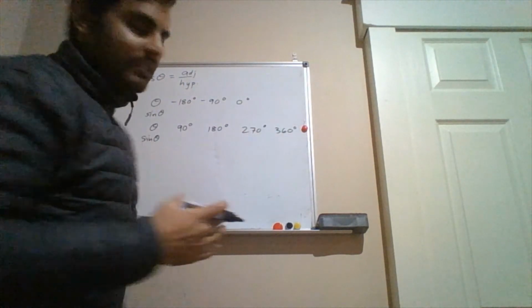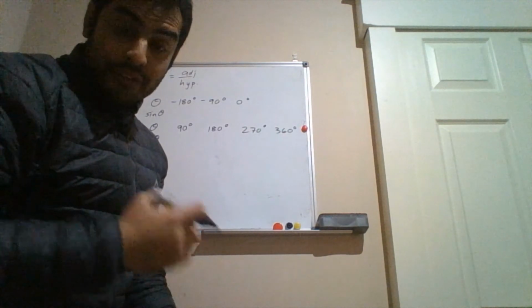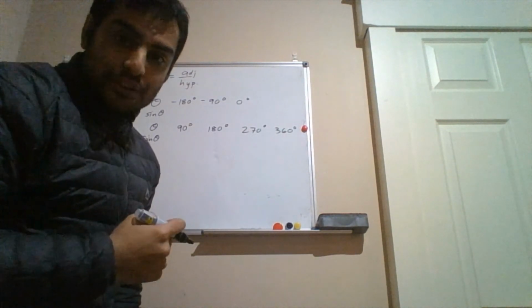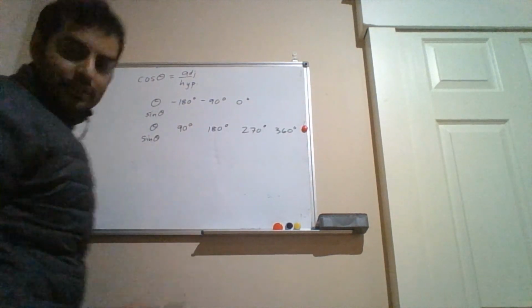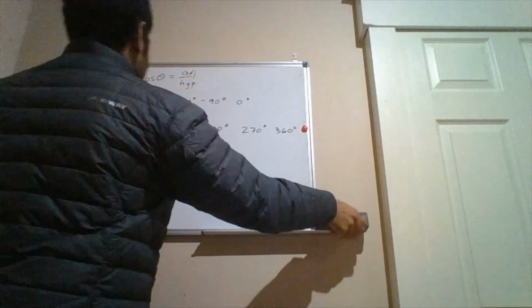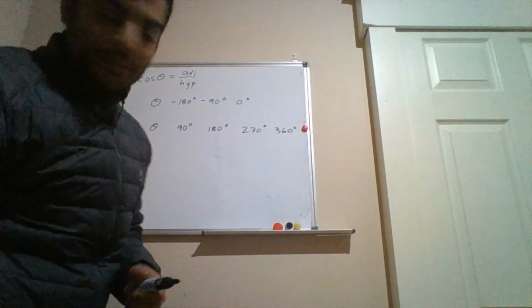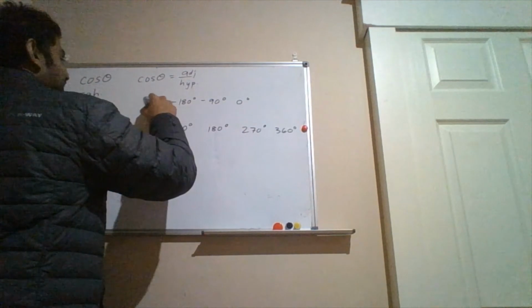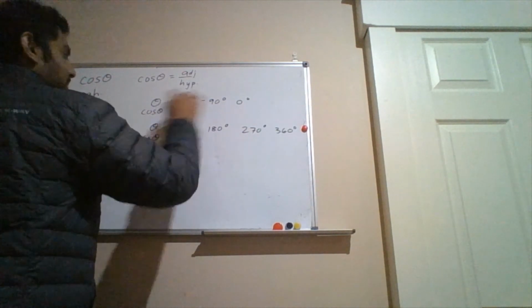Generally, you'll have an interval from 0 to 360 in order to capture the full sine or cos wave. Sorry, this is supposed to be cos theta. I'm getting confused with my own rhyme. So cos theta, cos theta.